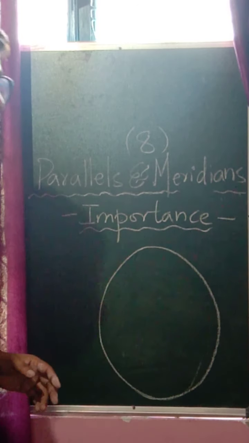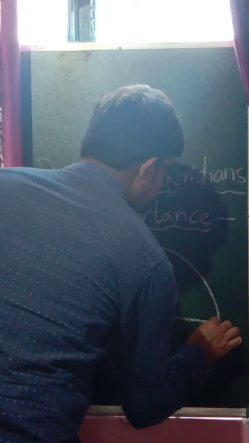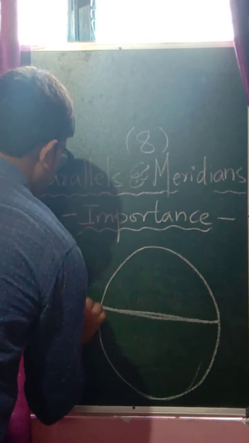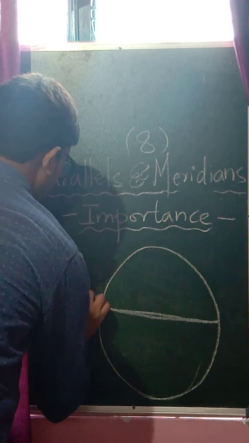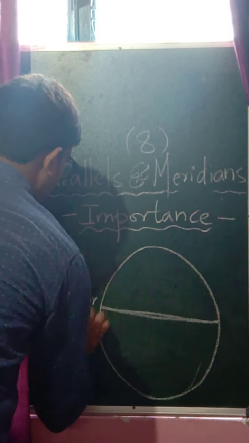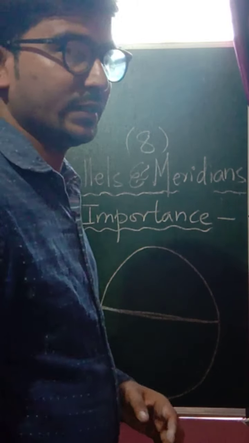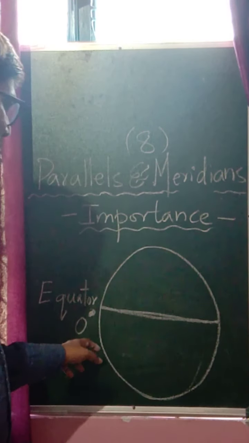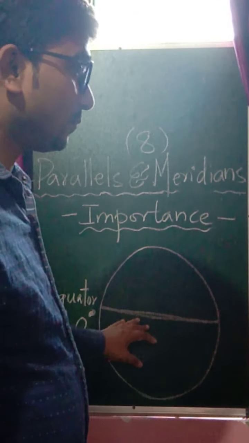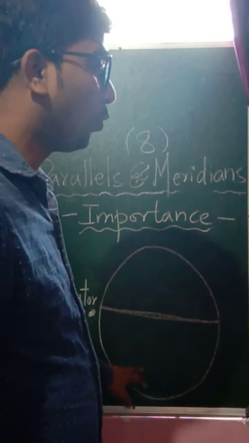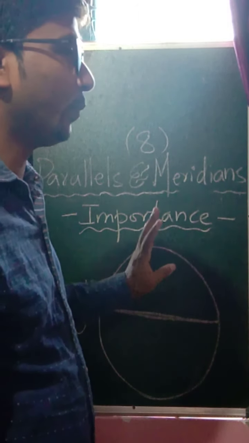Now this is globe. Okay, if this is globe, if I say that this is equator line, this is line of equator. This is standing at 0 degree. There are important lines which is there in both sides, apart from these lines of latitude. 4 important lines.